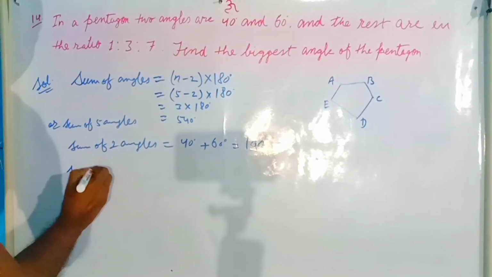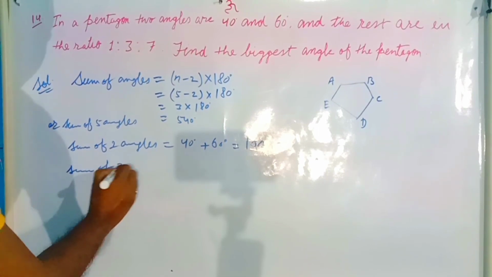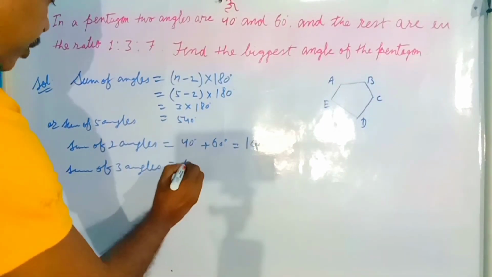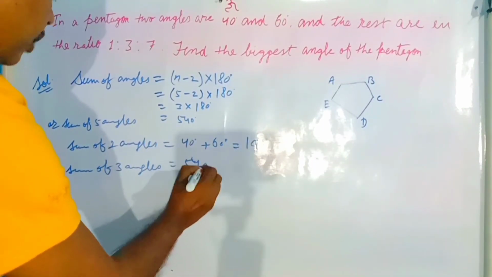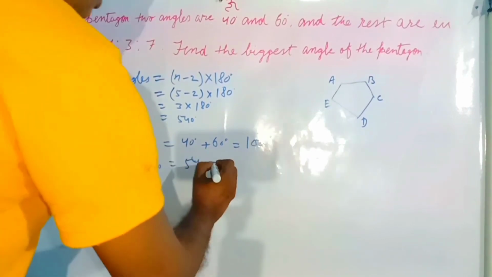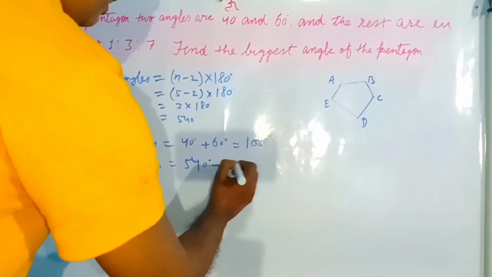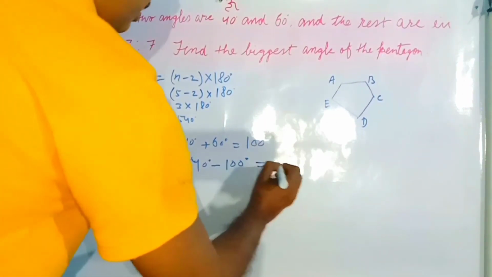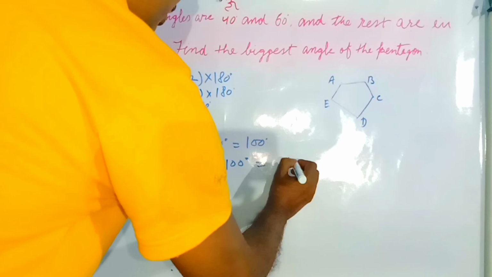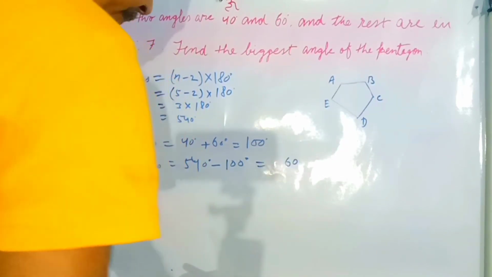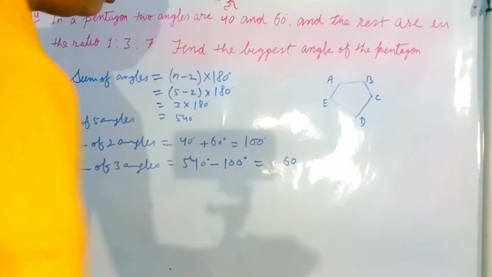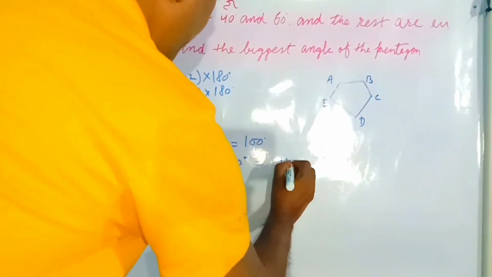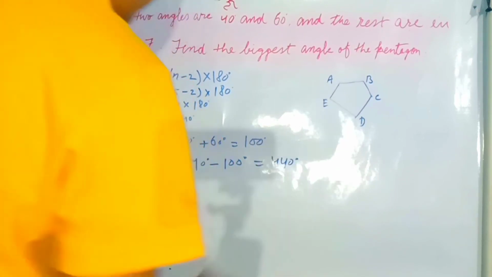Now we will find the sum of 3 angles. The total is 540, the sum of 5 angles, minus the sum of 2 angles, which is 100 degrees. Now it will be 440 degrees.